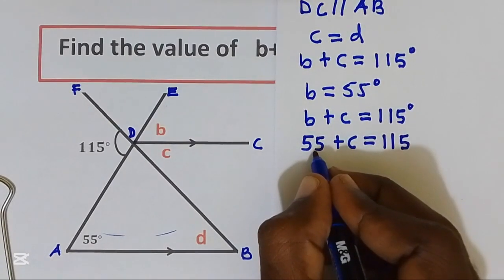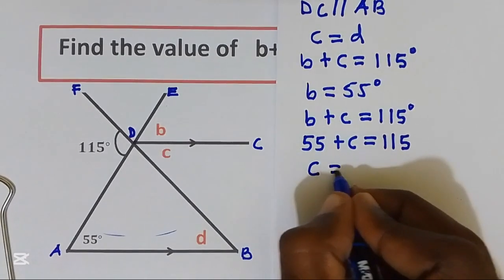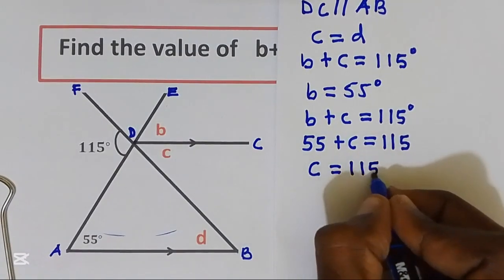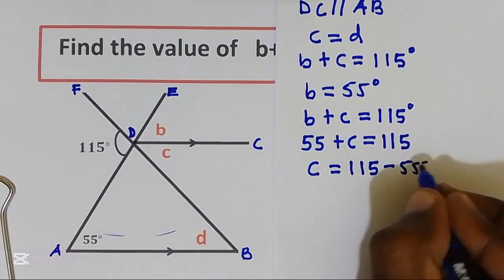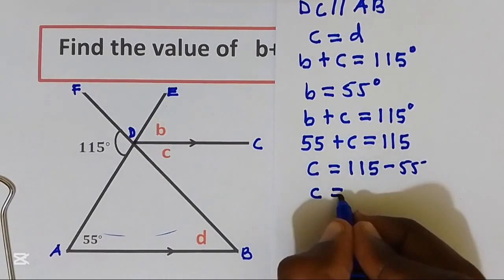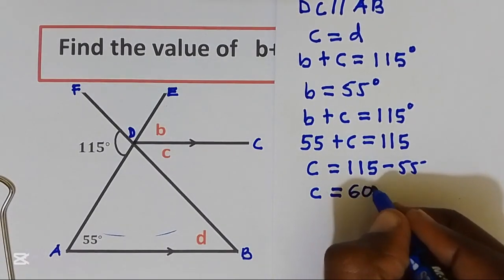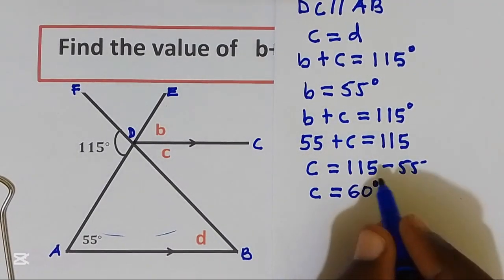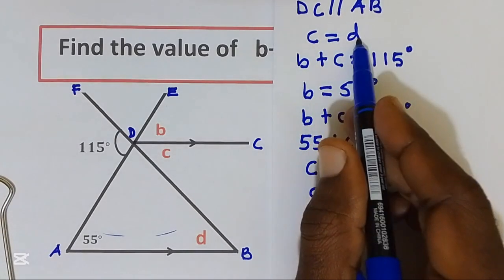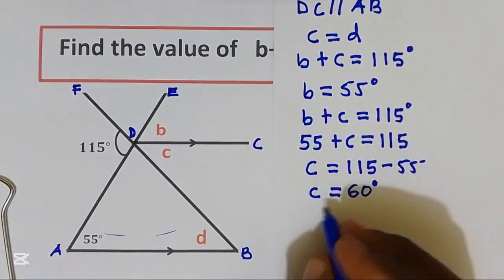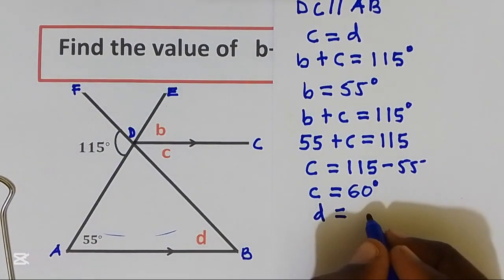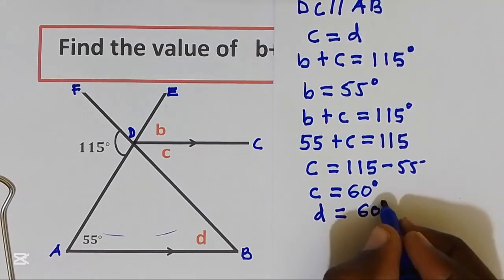Take 55 to the right hand side, we get C equal to 115 take away 55, so C is equal to 60 degrees. Also, we know C is equal to D, so automatically D is equal to 60 also.